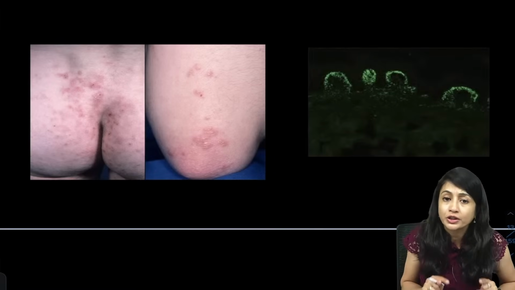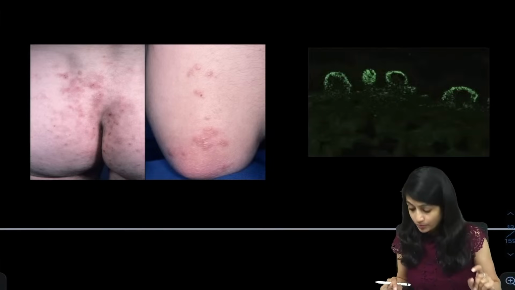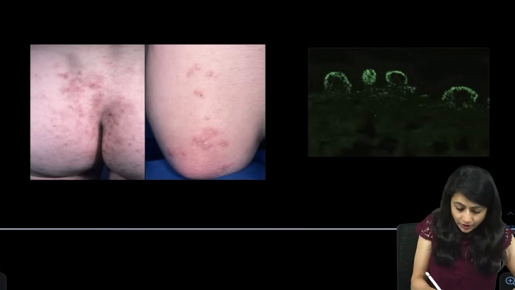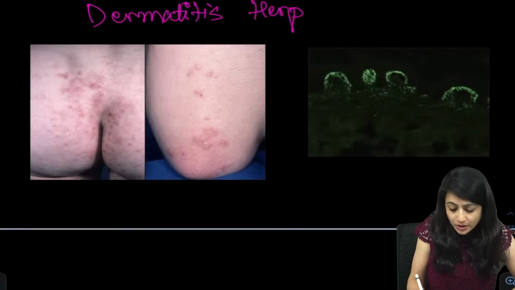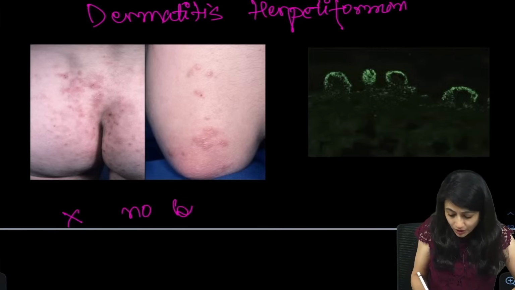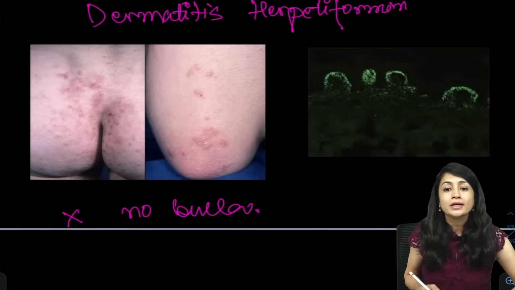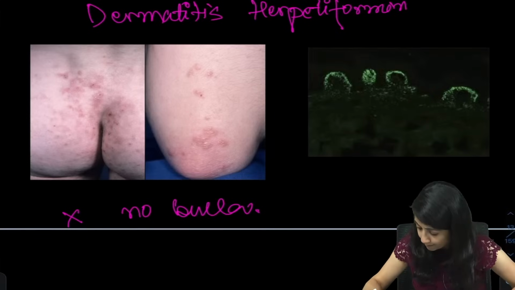What is your differential diagnosis here, and what is the one thing that should be avoided? Very good. So yes, you're right. This is dermatitis herpetiformis. Dermatitis herpetiformis also comes under the group of subepidermal disorder. However, we see no bulla here. There is no bulla, so again don't get confused. What is the antigen which is seen in dermatitis herpetiformis? Quickly.